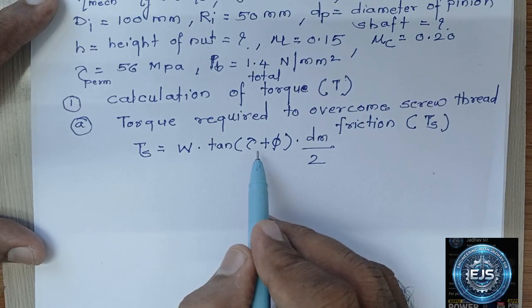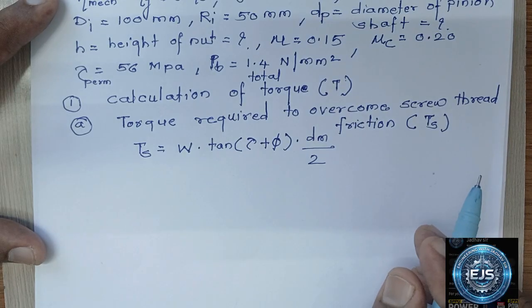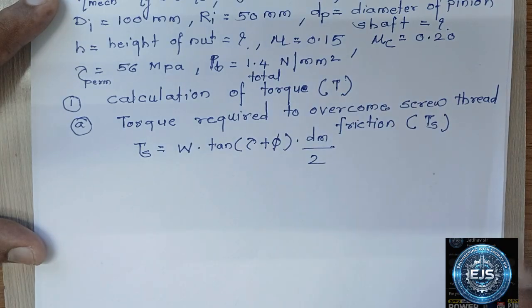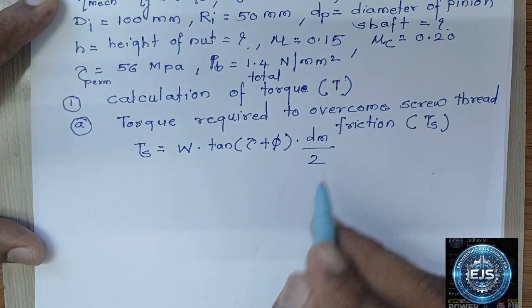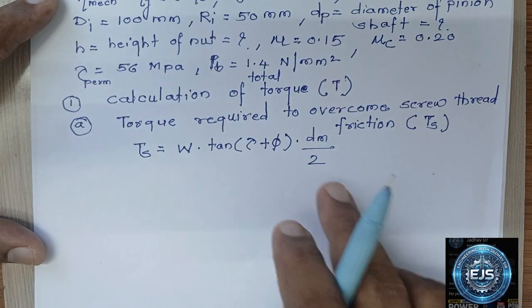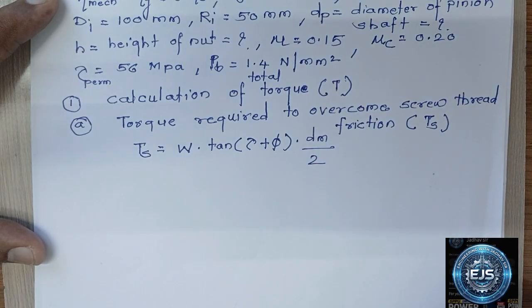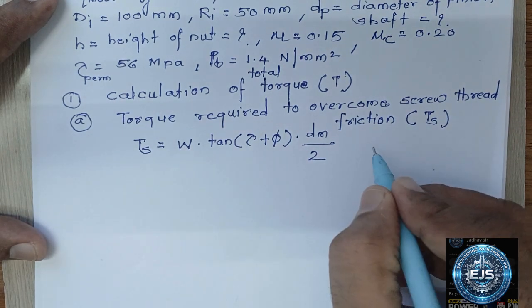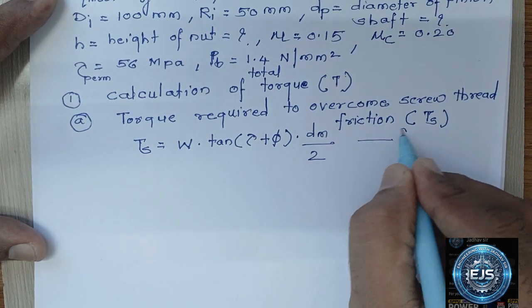We have to calculate tan of lambda plus phi, where lambda is the helix angle or lead angle, phi is the friction angle, and dm is the mean diameter given in the problem, 100 mm. Mean diameter divided by 2 is the mean radius. We'll mark this as equation 1.